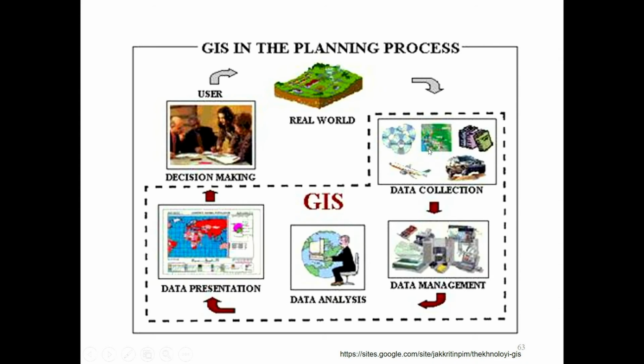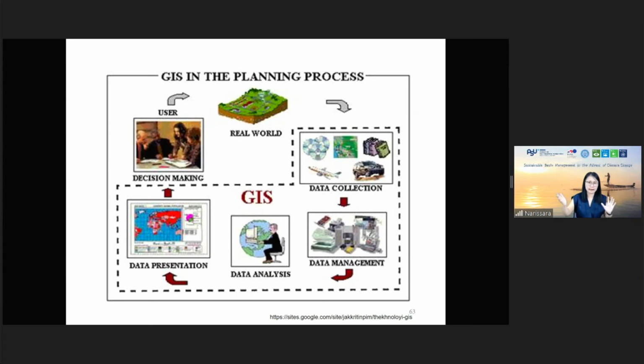After you get the secondary data, you go to manage the data. You have to import the data that you have. Especially for the secondary data, you have to recheck the data before you analyze it.